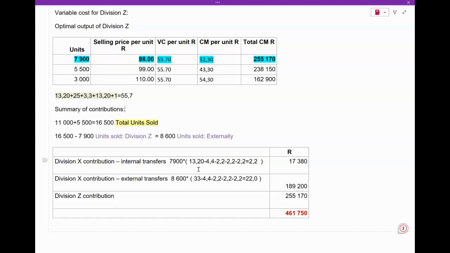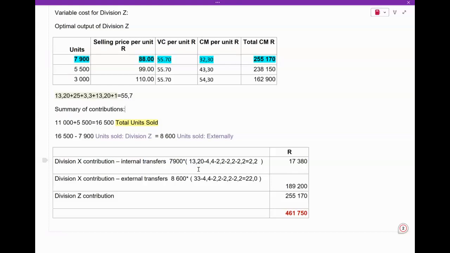If you are to charge 13 Rand 20 cents, it is obviously going to be 461,750. Everybody happy? So this is the focus of your learning unit 7. They are making you assess different transfer pricing strategies or systems.